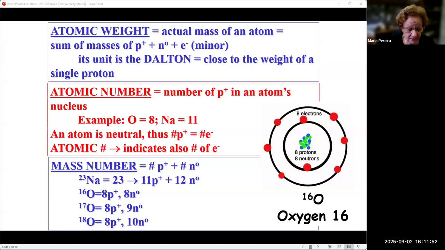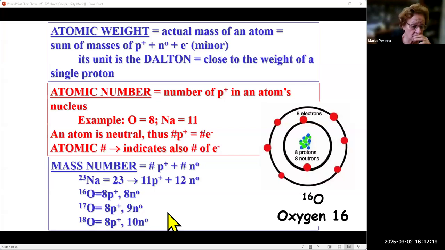Oxygen 18 contains 8 protons, but now 10 neutrons. So you can see here that the atom of oxygen can exist as O16, O17, and O18. But these 3 atoms of oxygen all contain the same number of protons, but they can contain a different number of neutrons.